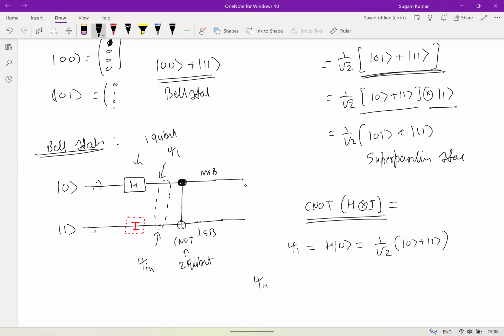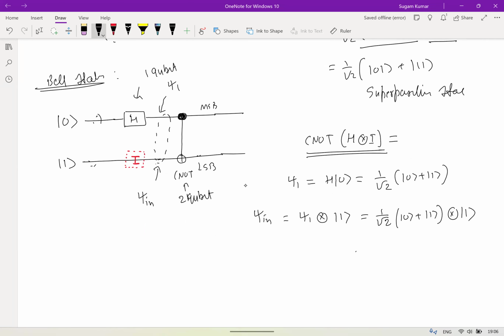So psi in equals psi1 tensor product 1, which is 1 by √2 times (0 plus 1) tensor product 1. So this becomes 1 by √2 times (0 1 plus 1 1).